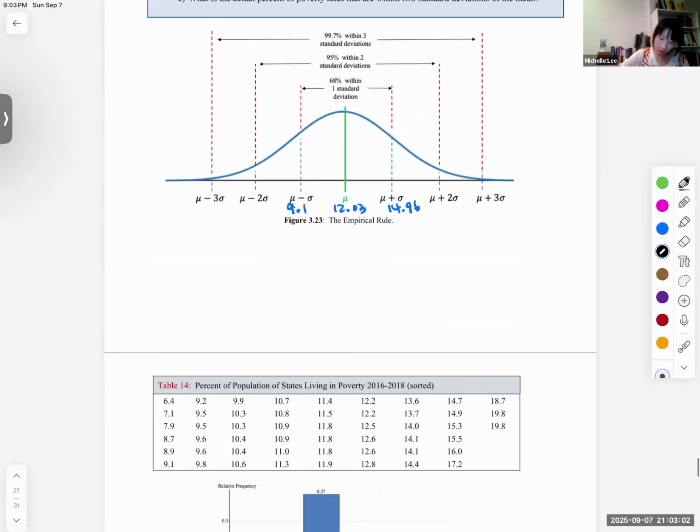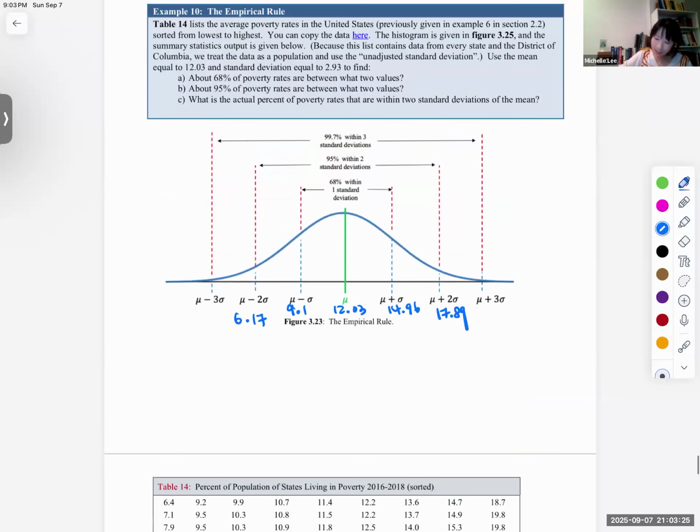So here you go, 6.17 and 17.89. Third one, they ask us, what is the actual percent that are within two standard deviations?